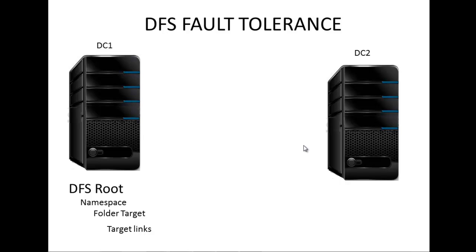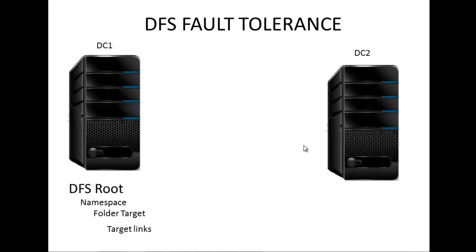The first type would entail setting up multiple root targets for a domain-based DFS namespace. And the second kind would involve setting up a standalone DFS namespace system using a failover cluster.